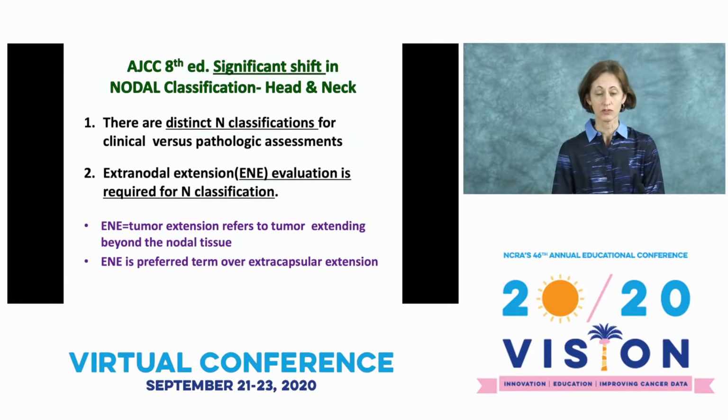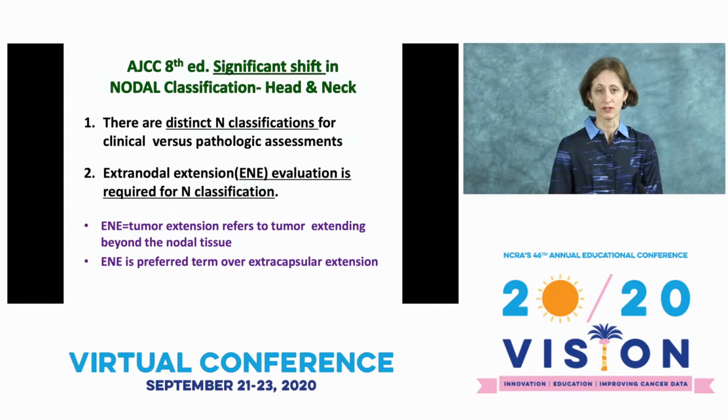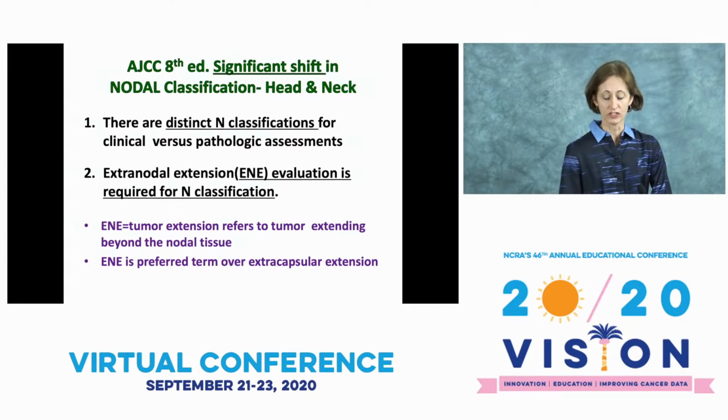In this case, of course, we're talking about microscopic evaluation of whether or not the tumor in the lymph node breaches the node into the adjacent adipose tissue. You may sometimes hear the term extracapsular extension. This term is not preferred because it can be confused with a tumor capsule of the primary. And so you'll hear ENE or extranodal extension when we refer to this element.